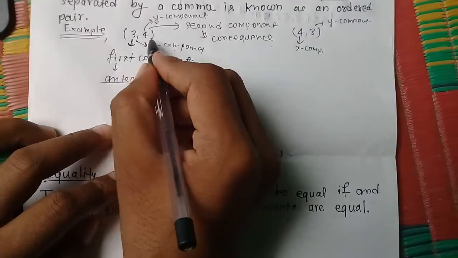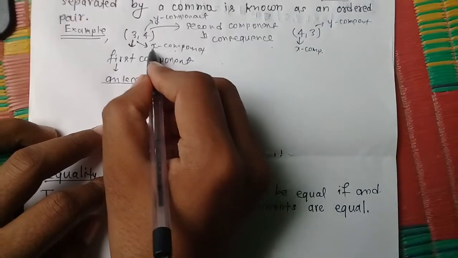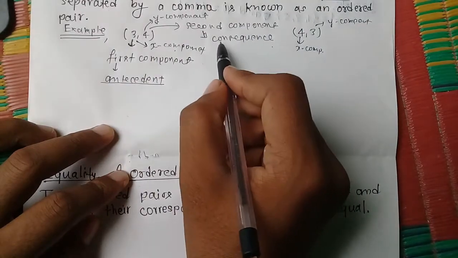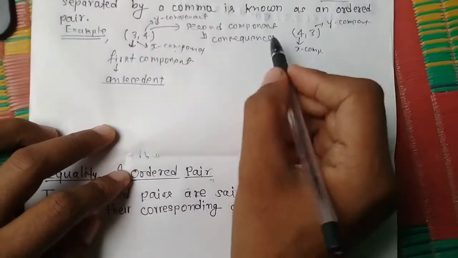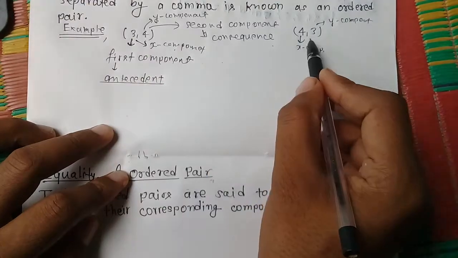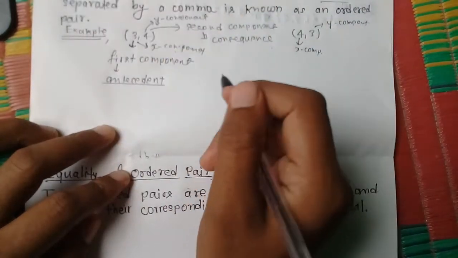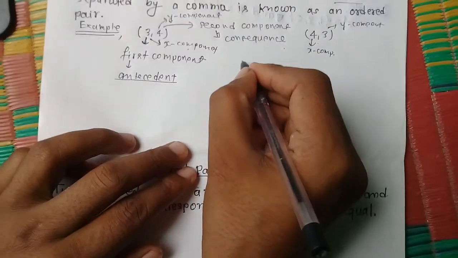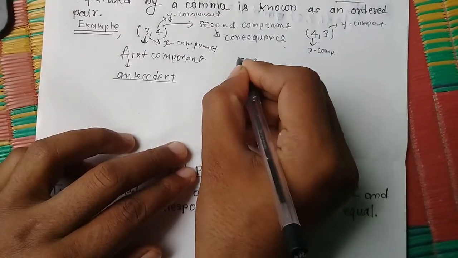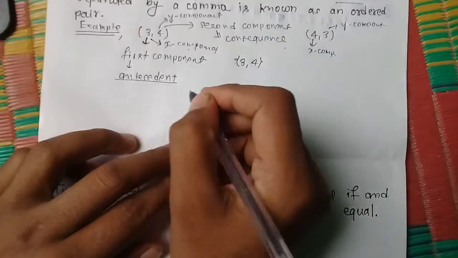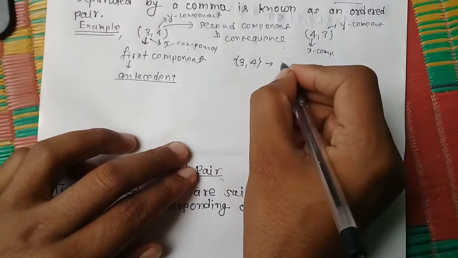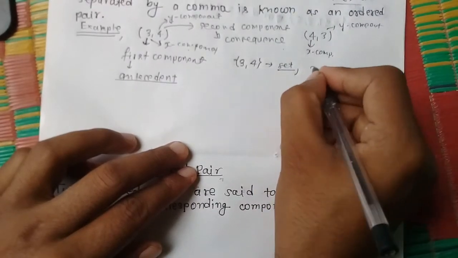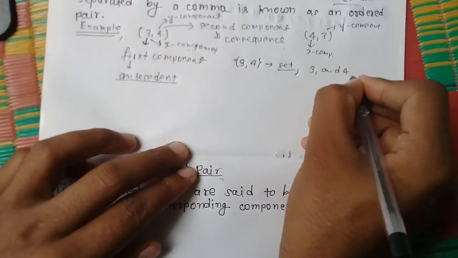So the first component always represents the x component, and the y component always represents the second component, which is also called the sequence. So this ordered pair and this ordered pair are completely different. Again, if these members are enclosed by a middle bracket, then it represents a set, a set whose members are 3 and 4.